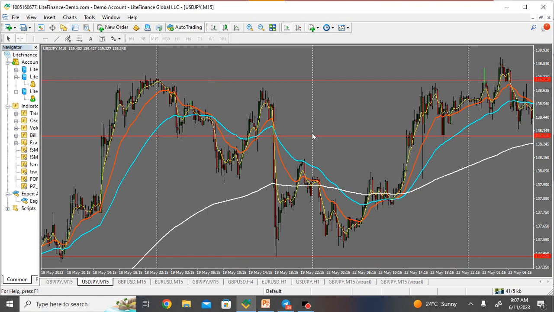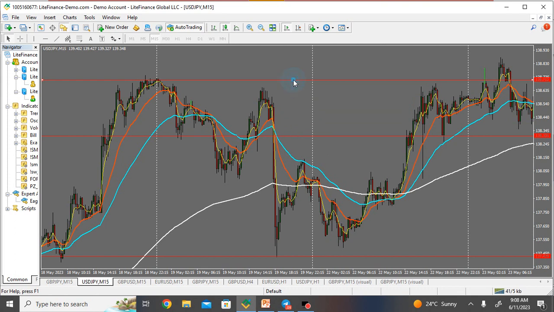So if you enter in the second level, your target is 80 pips. Then the stop loss is somehow the same, maybe 35 pips.